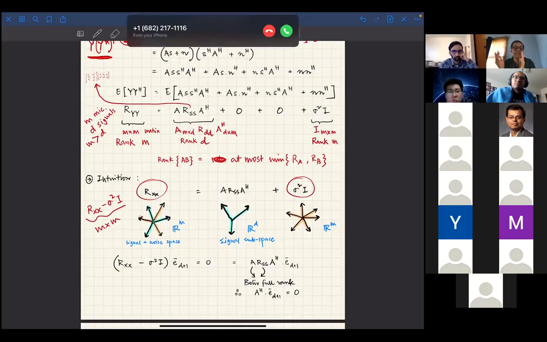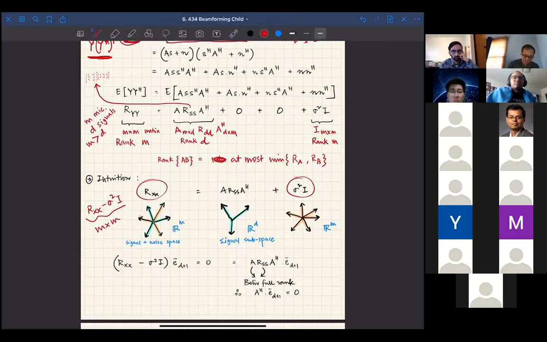So M minus D eigenvalues would be 0 because it is rank D. Suppose M is 10, D is, let's say, 4. That means for this M cross M matrix, you are going to get 6 eigenvalues that are 0.